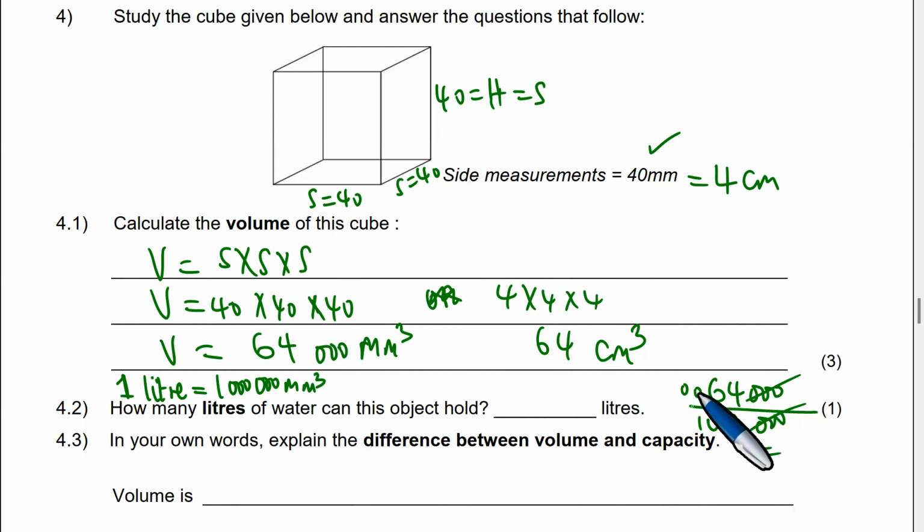So 1, 2, 3, like so. So it's 0,064 liters. That's the answer.